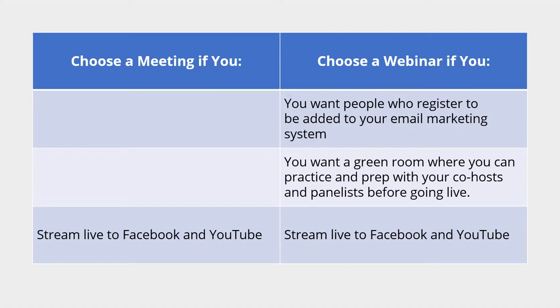Another reason to choose a webinar is if you want a green room where you can practice and prep with your co-hosts and panelists before going live. You kind of have that with meetings too, in that the meeting doesn't start, but people are just waiting to come in.